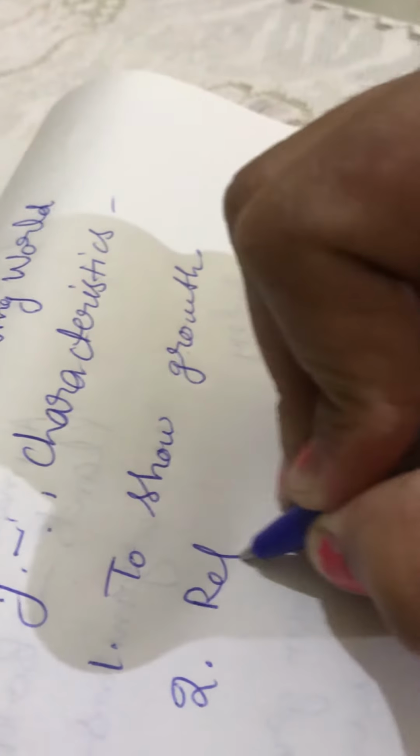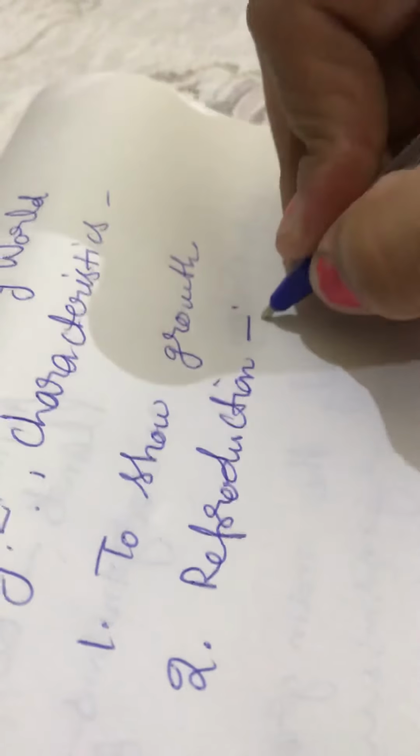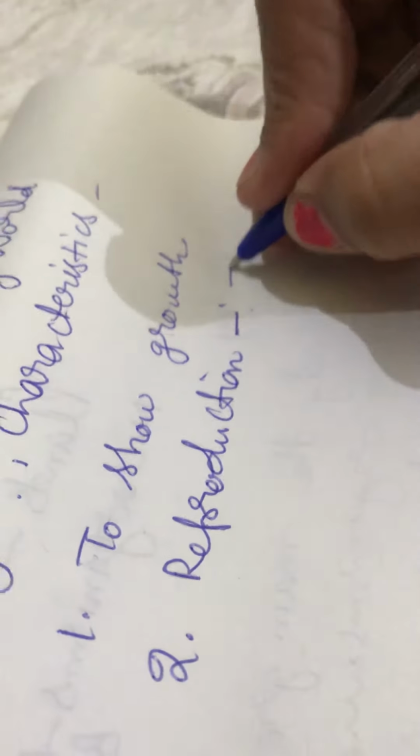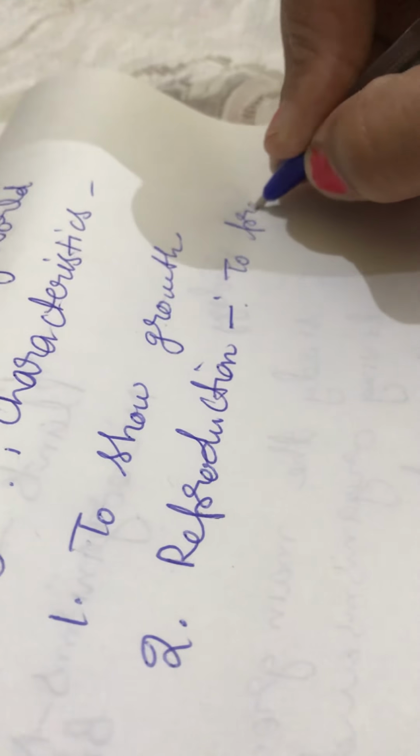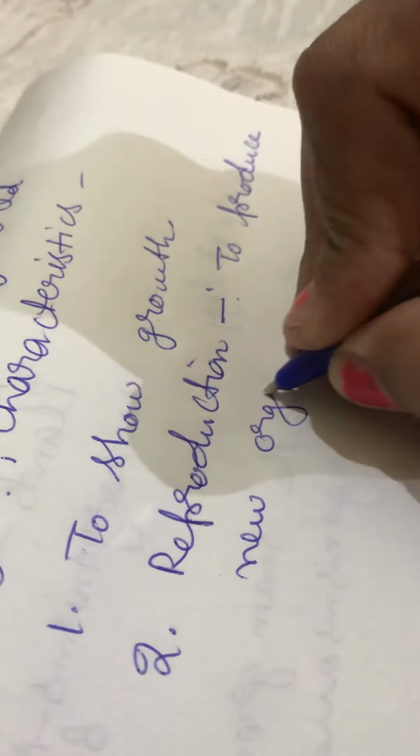Second characteristic of living organisms is reproduction. Reproduction means to generate new organisms, to produce new organisms.